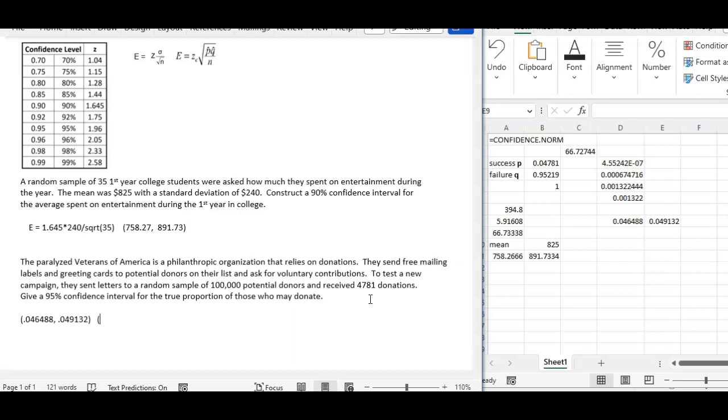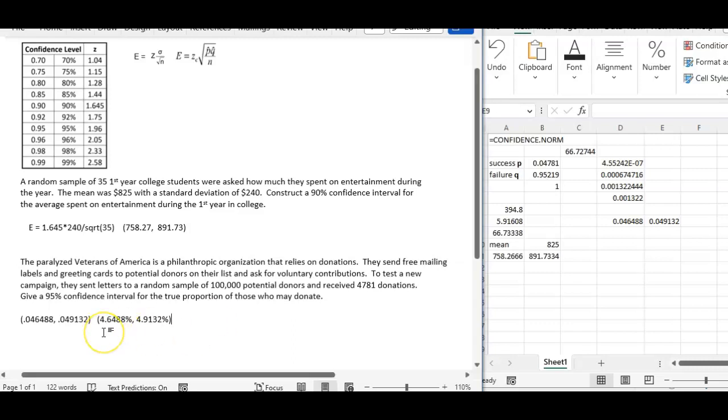So I can just move the decimal place 2 to the right, and I could say 4.6488% to 4.9132%. So what that tells me is that when I send out my mailings, I can expect, or I'm 95% confident, that between 4.65, let's say, and 4.91% of the recipients are going to return a donation.